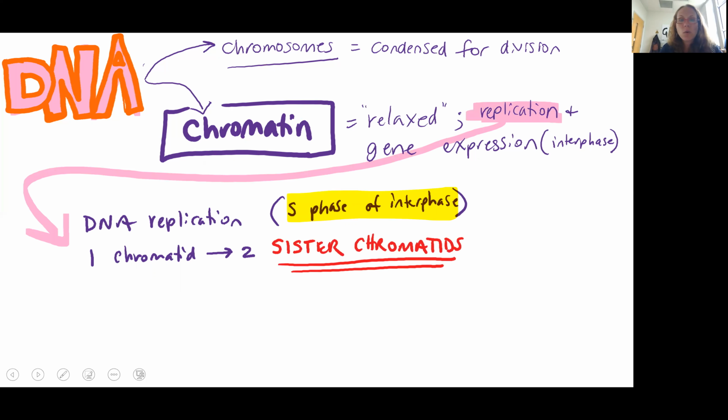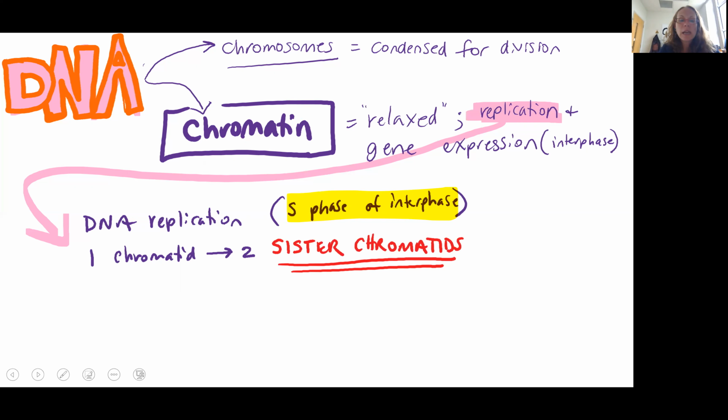When we talk about cell division, we need to take one set of DNA and then double it and then make 2 new cells. So it's important to pay attention to when that process of doubling the DNA, or replication, occurs. DNA replication is going to happen during interphase, when the cells are relaxed in the chromatin phase.